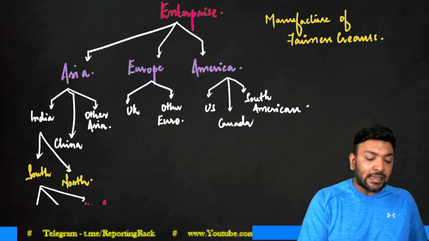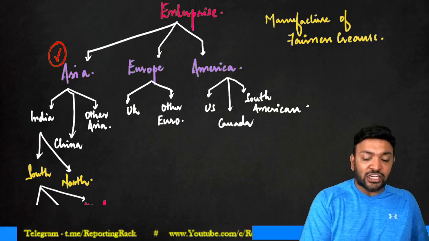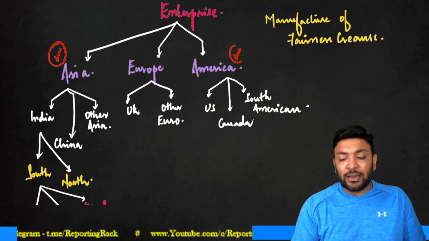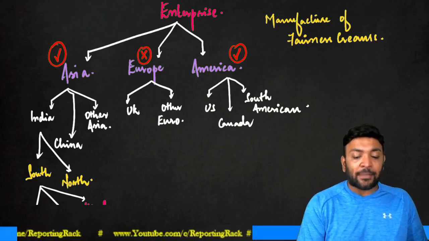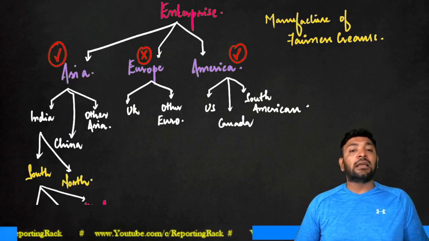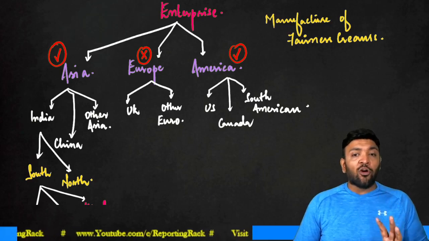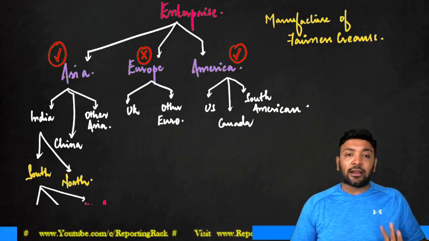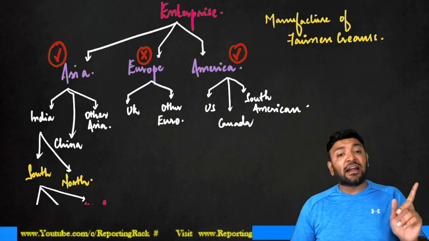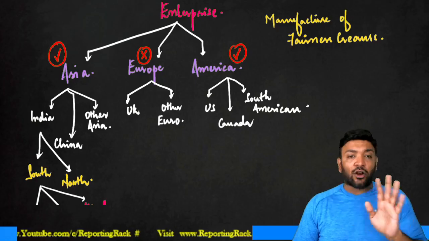This excess earning is available to me in Asia, and is also available to me in America. But I don't have the same excess earning capacity or beyond normal profits in Europe. So therefore, goodwill can reasonably be allocated only to Asia and America. I cannot say divided by all the countries put together, not possible.